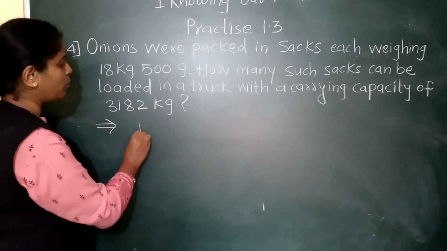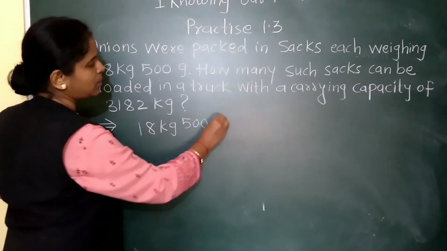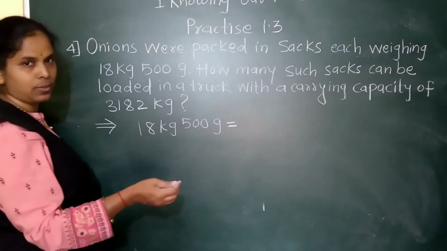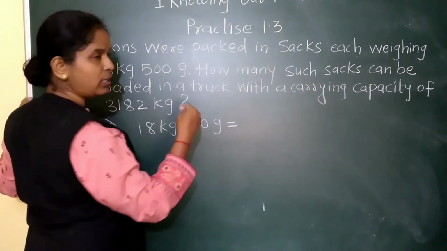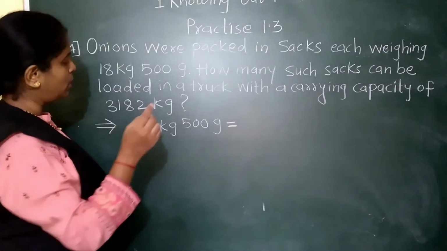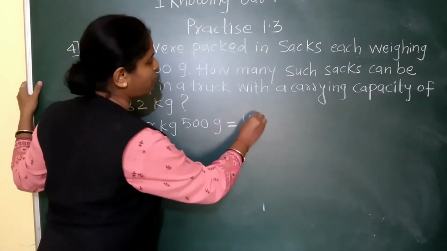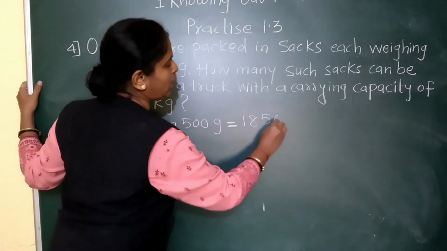For that what will we do? We will convert this 18 kg 500 grams into grams. So 18 kg means 18,000 grams, correct? Because 1 kg is equal to 1000 gram. So 18 kg is equal to 18,000 and this 500, that is total 18,500 grams.